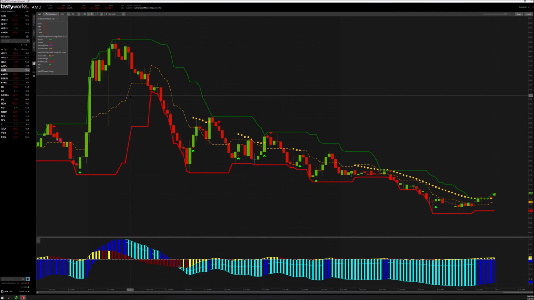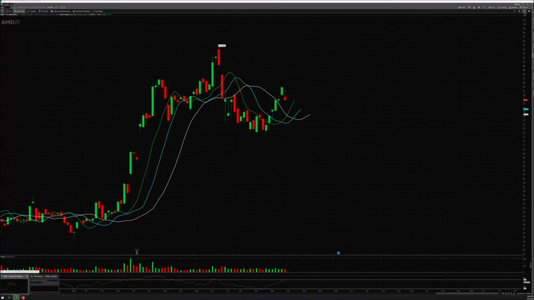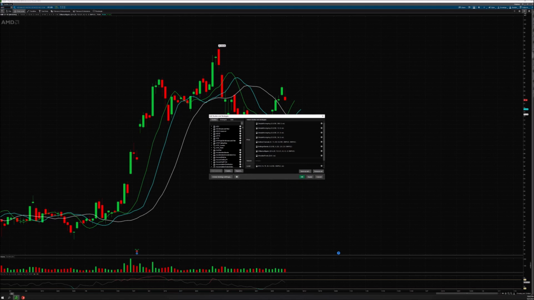Anything that deals with volume. TOS has a volume indicator. What is the name of that? Volume oscillator, I think that's the name of the one that plots volume. I think so. Let's see.